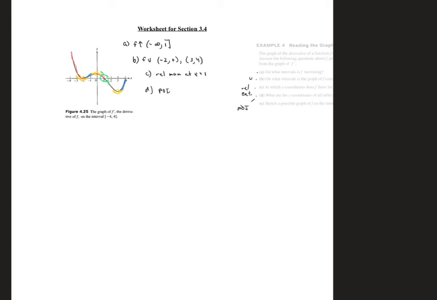So we're going to say there's POIs at x equals -2 and 0 and +3.